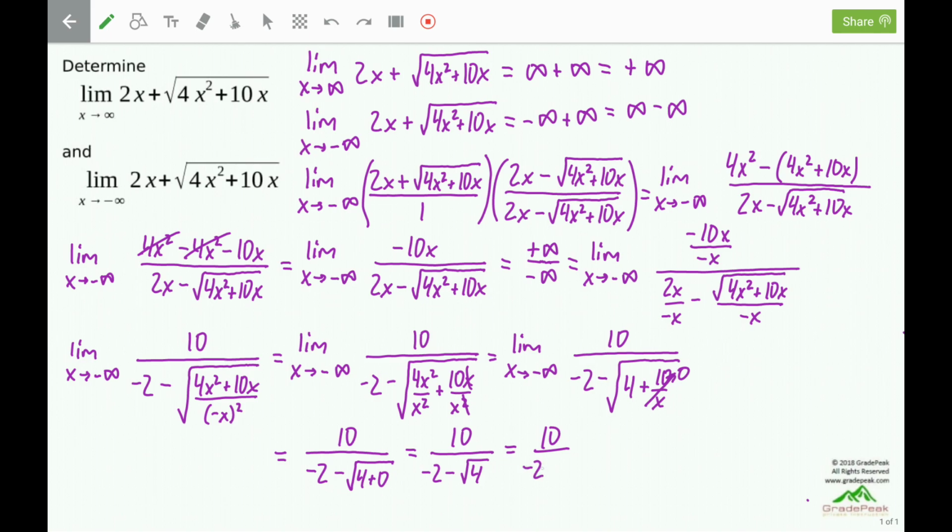And the square root of 4 is a 2. Negative 2 minus 2 is a negative 4. A positive over a negative is negative, and the 10 and the 4 can be reduced by a 2 to become 5 over 2. So it results in a negative 5 over 2. And there's the results of the two different limits.